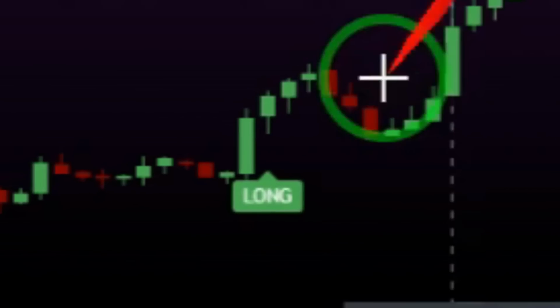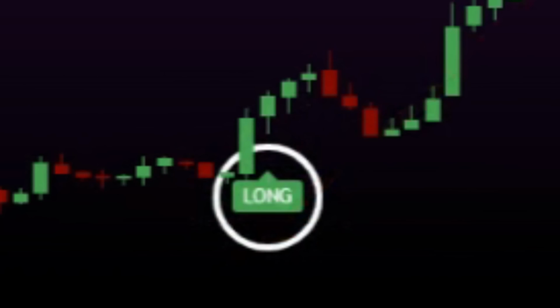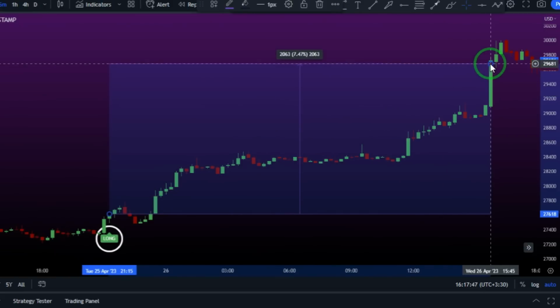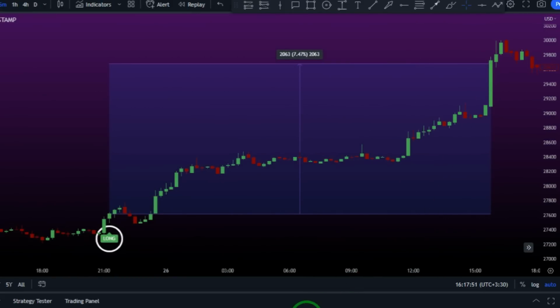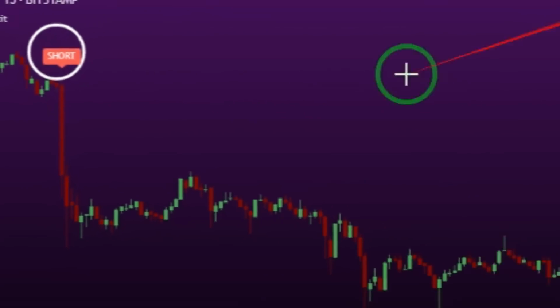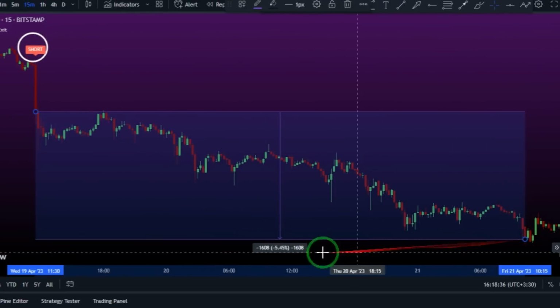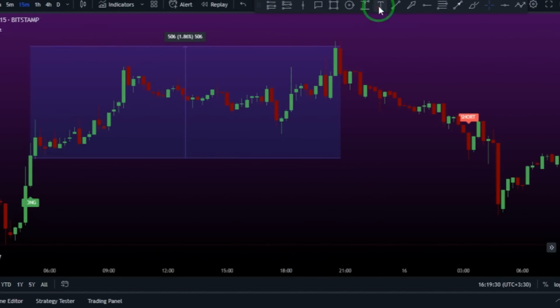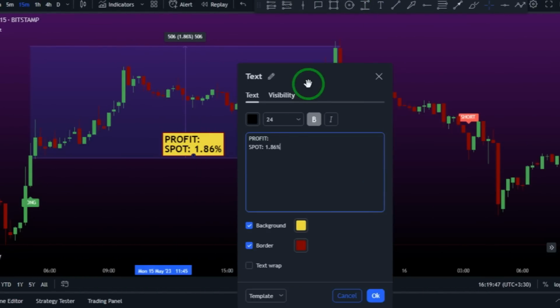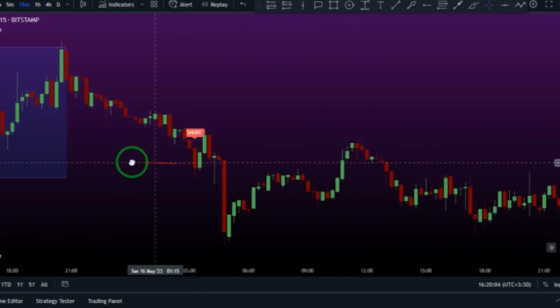Using the indicator is super easy because it gives you long and short signals. Now let's check out the performance of the indicator on the historical chart.